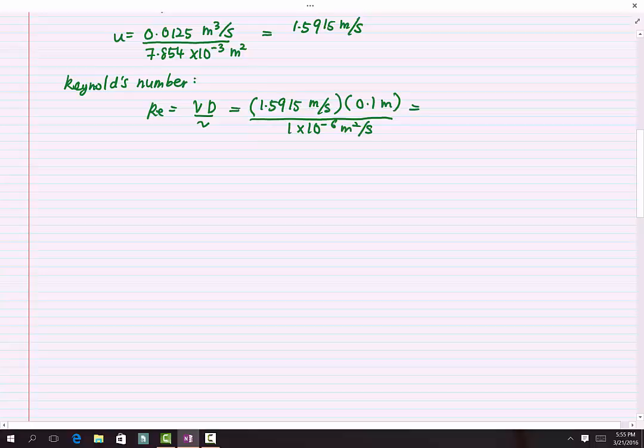So you will get the value for Reynolds number, which is equivalent to 159,150, or 1.6 times 10 to the power of 5. So this is a turbulent flow.